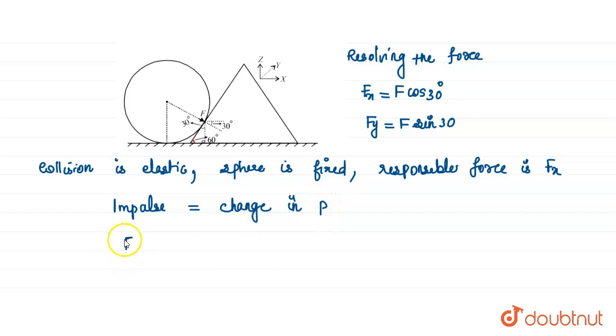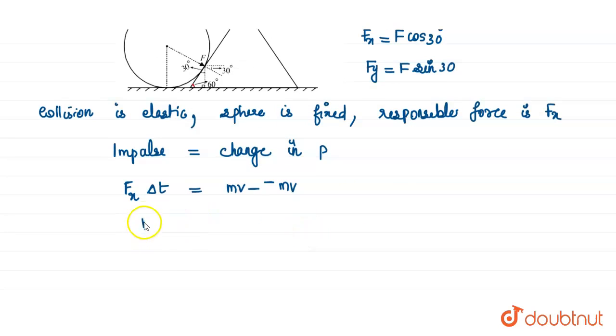So for the component responsible for the change in velocity, Fx, impulse is force into time, equal to change in momentum, which is mv minus, since the wedge returns back, minus mv. Or we can write Fx into delta t equal to 2mv. What is Fx?